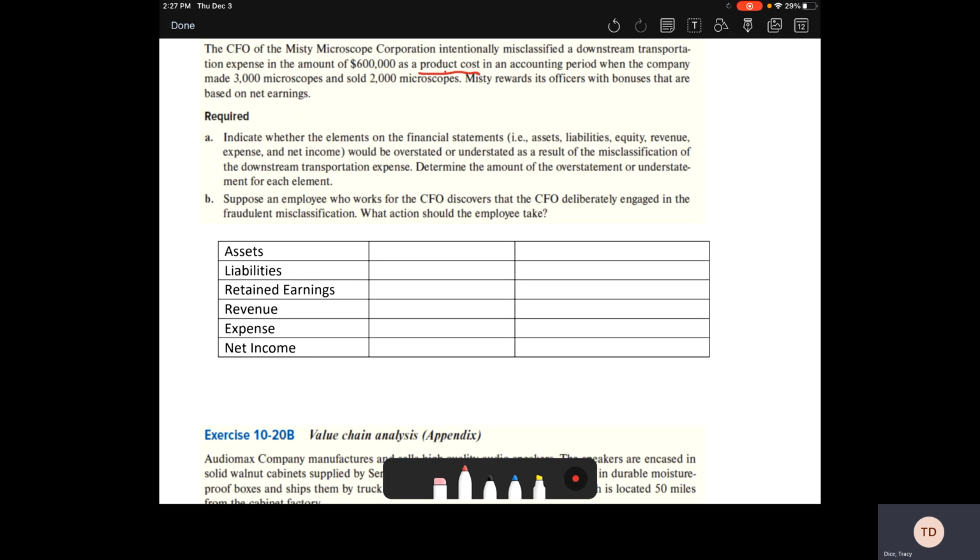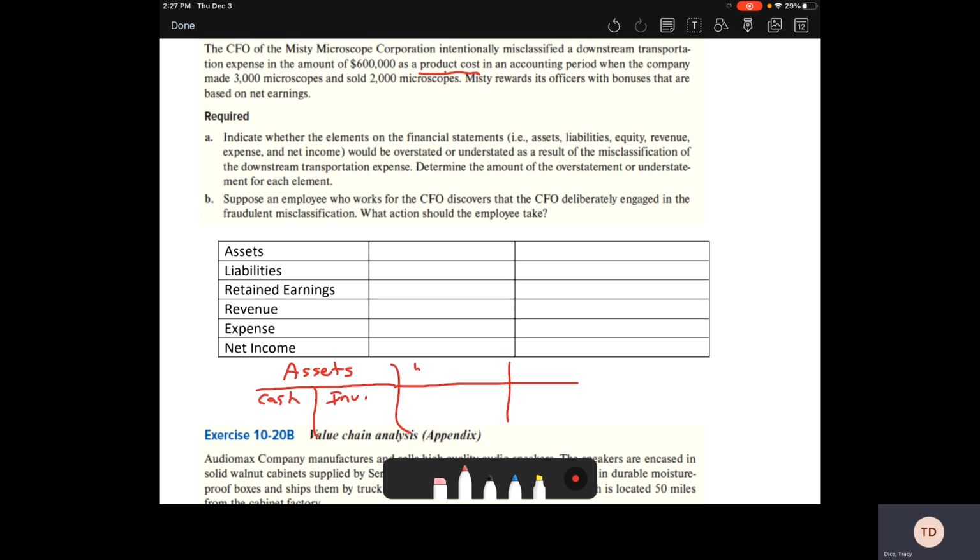So we need to indicate whether the elements of our financial statements are going to be overstated, understated, or not affected. So let's think about our horizontal statements model or our balance sheet for transactions. We have our assets, cash and inventory.